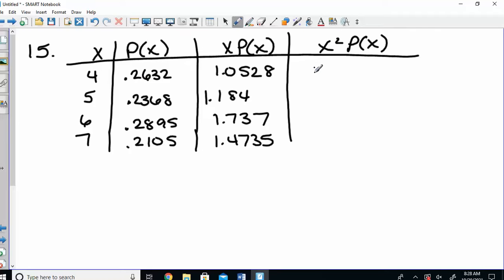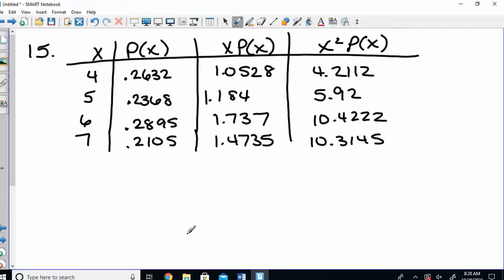So 4 squared is 16 times 0.2632. 5 squared is 25 times 0.2368. 6 squared is 36 times 0.2895. 7 squared is 49 times 0.2105. So if it did not ask for the xp of x or the x squared p of x, we just do a basic one? Just your probability distribution, yeah.